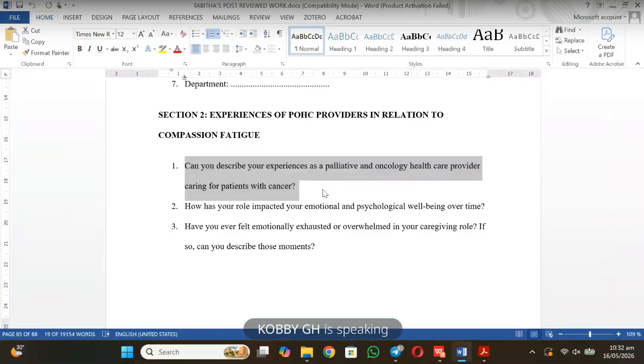So automatically, if you open someone's work and you see questions like this, don't ask the person whether they did qualitative; automatically it's qualitative. And this is what we call interview guide. This one is not a questionnaire. It's an interview guide. In qualitative, you use interview guide with open-ended questions.